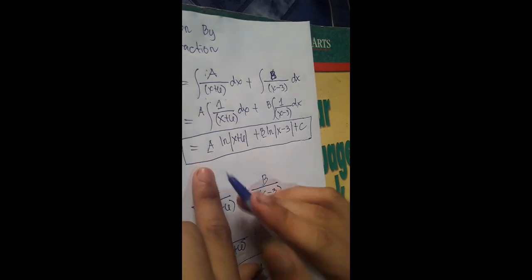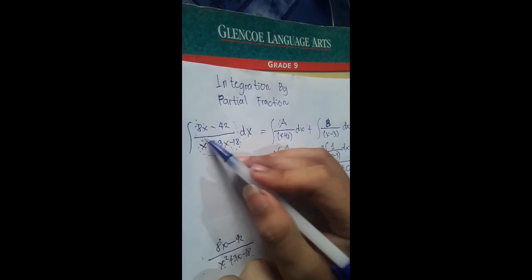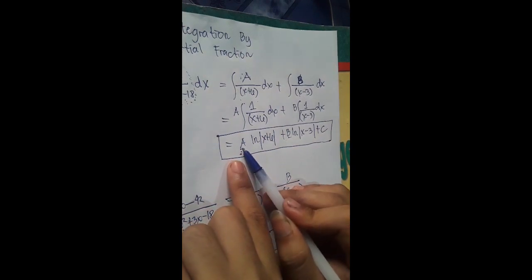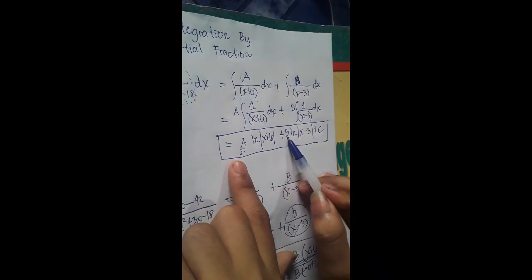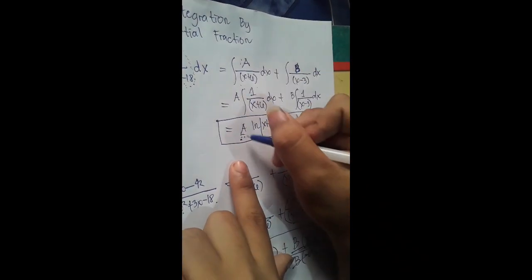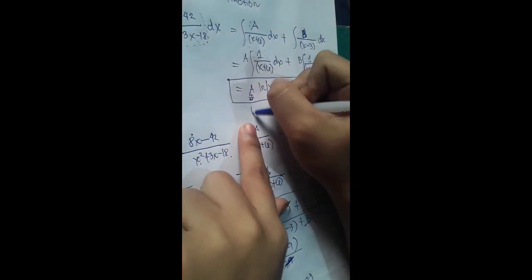And we go back to the problem. We have here the partial answer of this problem. So we are going to substitute the value of our a and the value of our b. We have already the value of a and b. Our a is equal to 10, so we substitute 10 here.